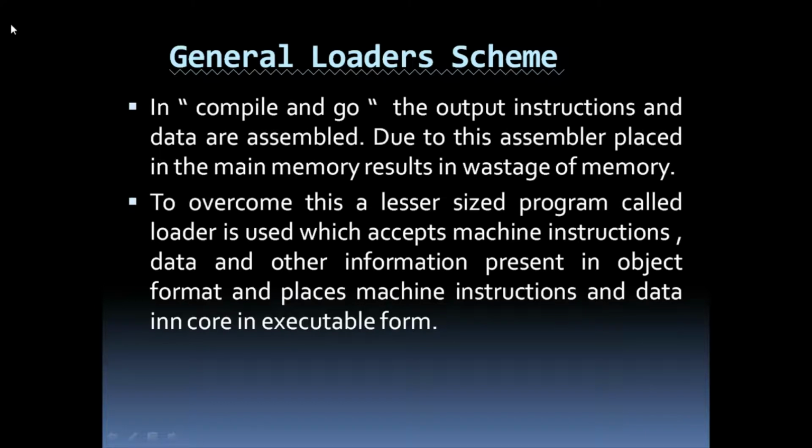In compile and go, the output instructions and the data are assembled together. Due to this, the assembler is stored in the main memory, which results in wastage of memory. So this was one of the disadvantages of compile and go.